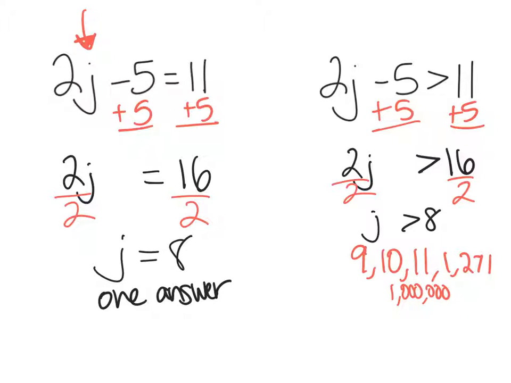This is called infinite solutions. There are so many, you literally cannot count them all. Millions, trillions, billions, it's crazy. So that's the main difference between the equal sign, only one answer and that's it, and inequality, where anything bigger than 8 is cool. We're focusing on math problems that have lots of answers, multiple solutions.